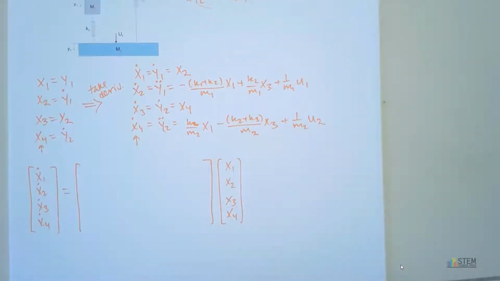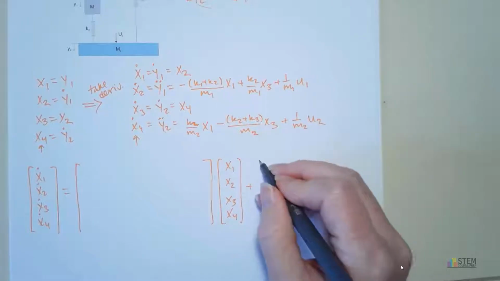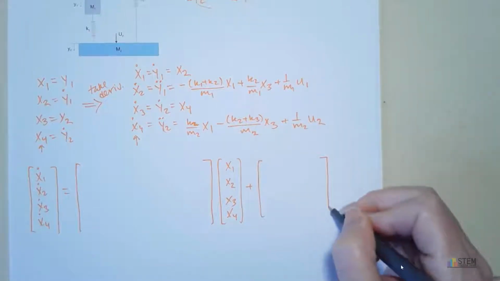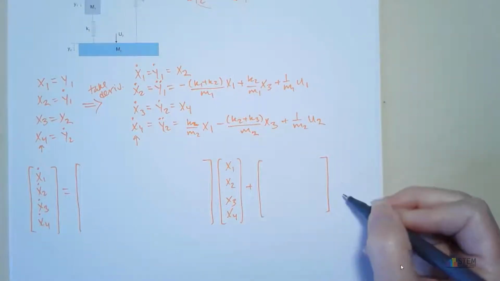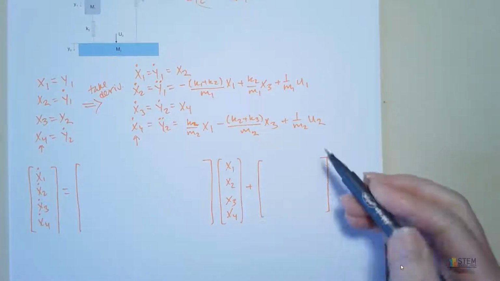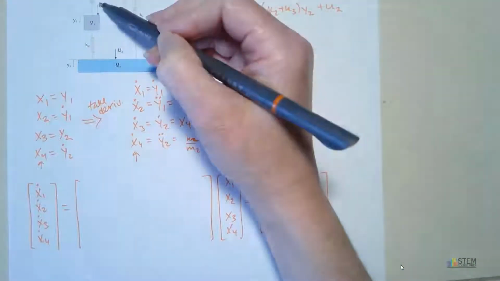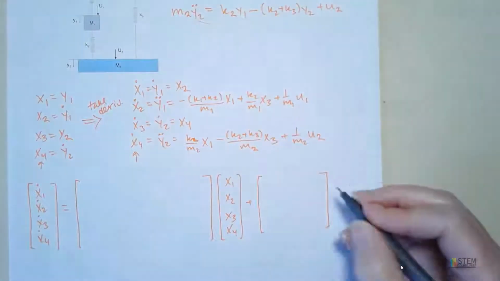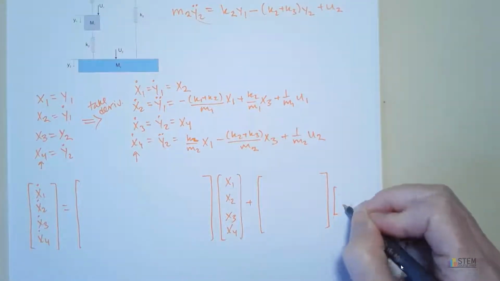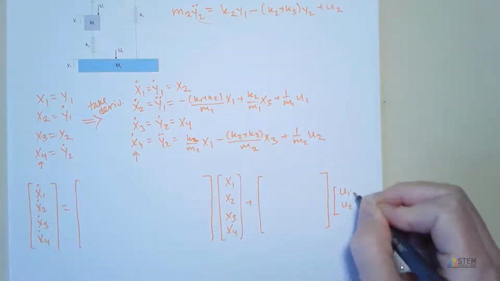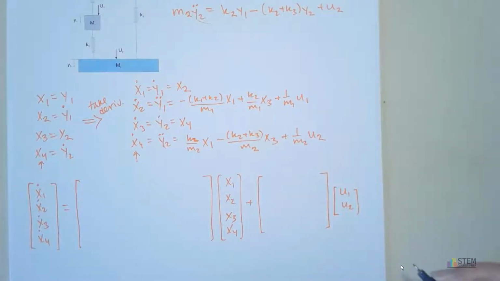It's your state vector. And then we're going to have a matrix B times our inputs. Now here we've got two inputs, right? We have this U1 and then we have U2. That means we're going to create a column vector. So we'll have U1 and U2.